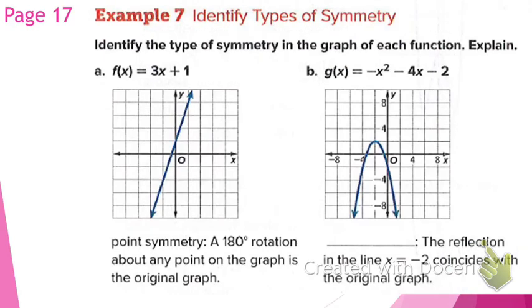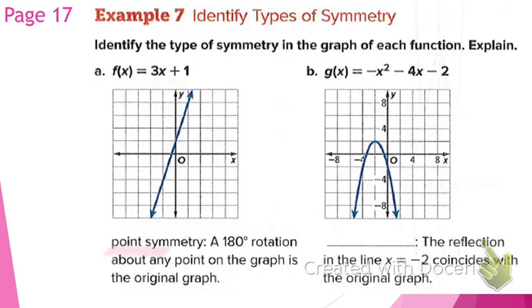Go to page 17 and let's look at identifying the symmetry. So point symmetry, 180 degrees rotation about any point on the graph is going to be the original graph.